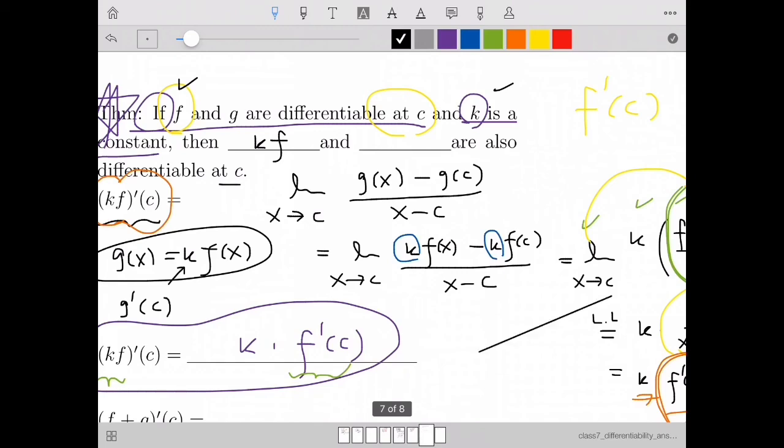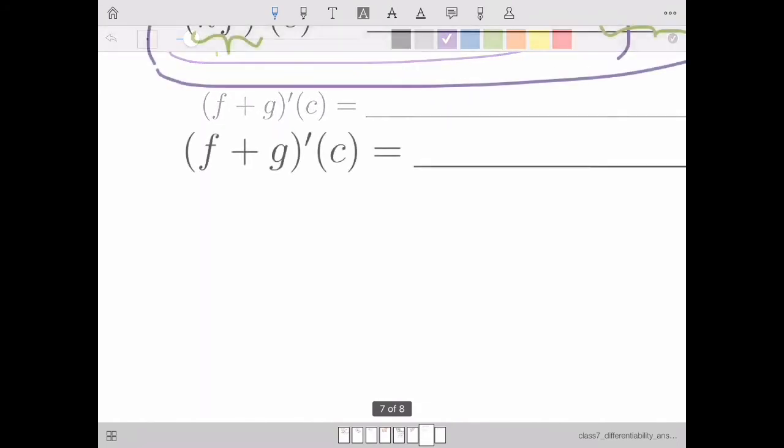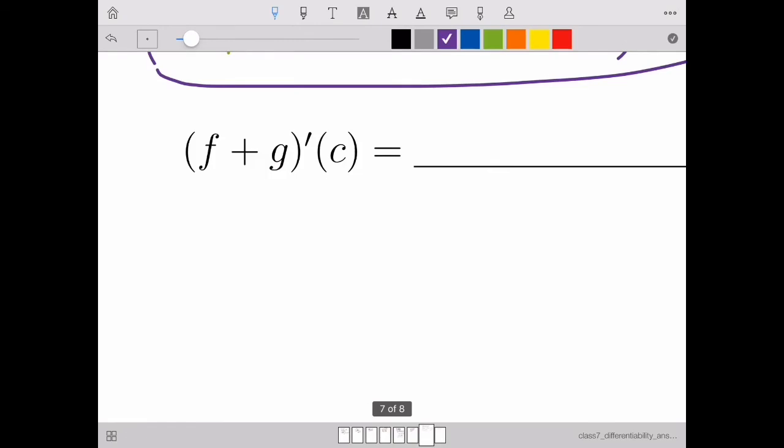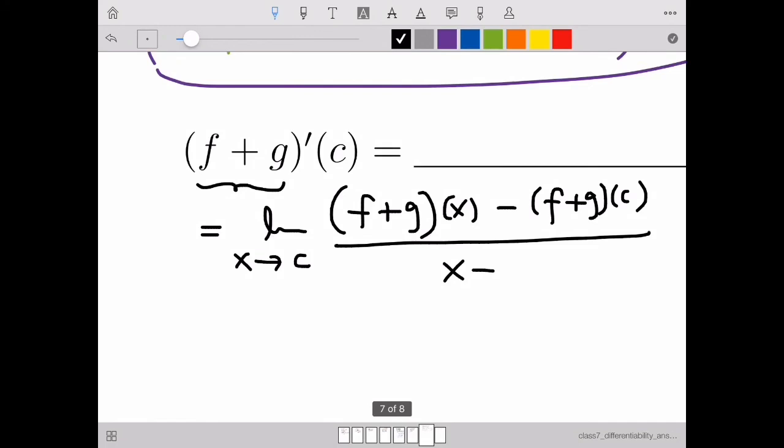For the second blank, let's look at the sum. So the derivative of f plus g at c is the limit as x approaches c of my function, f plus g of x minus f plus g at c over x minus c.